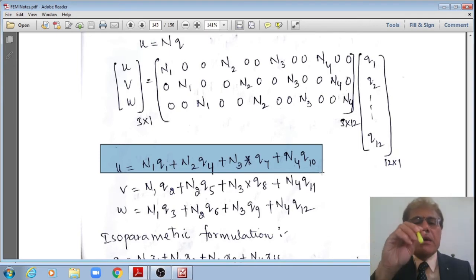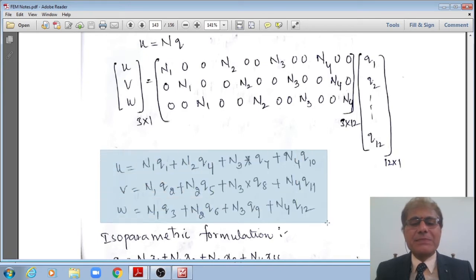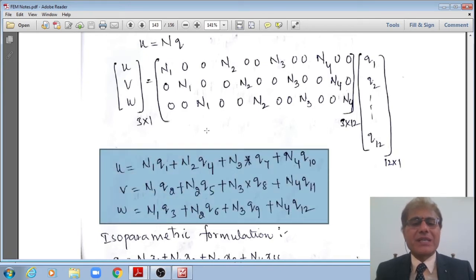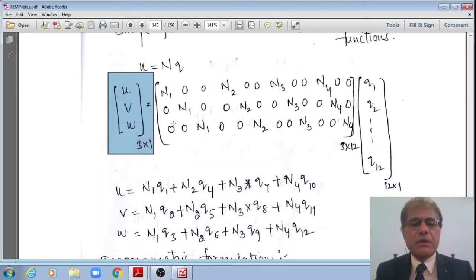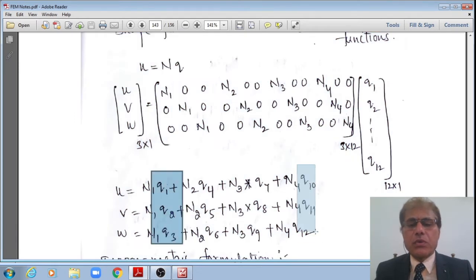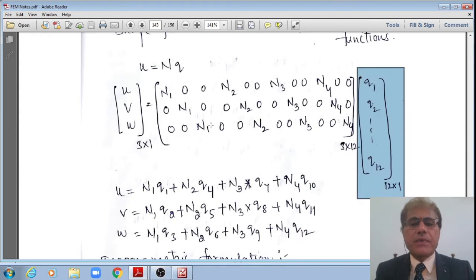Likewise, in the y direction also, and the z direction, you can write these in a cyclic rotation fashion. Now, I'll put these three displacement fields in a matrix format, students. That is u, v, w, which is a 3 by 1 vector, and I have q1, q2, up to q12. That is my nodal displacement vector, which is a 12 by 1 vector, right?